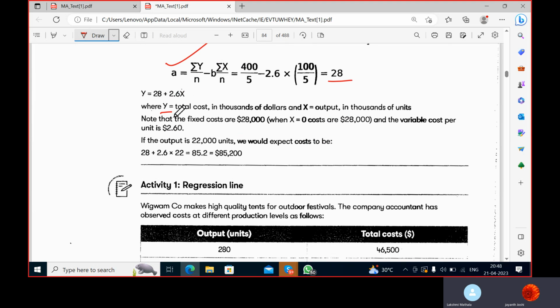Your total cost. So 28 plus 2.6 into X. What is the X? Output. They are telling you to take 22,000 units. So I'll take it with 3 zeros omitted, 22, correct? So will I get the total cost as 85,200?